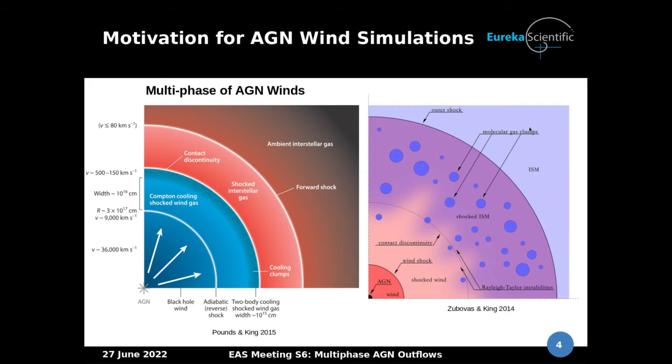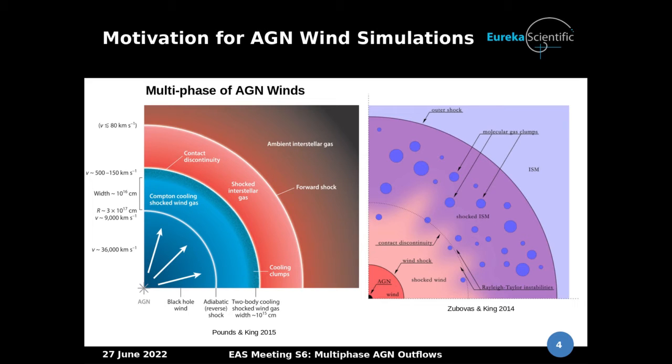Based on this correlation, we arrive at a schematic view of shocked wind. You see different regions: adiabatic shocked wind, a two-body cooling layer, shock fronts, and the formation of a hot bubble.